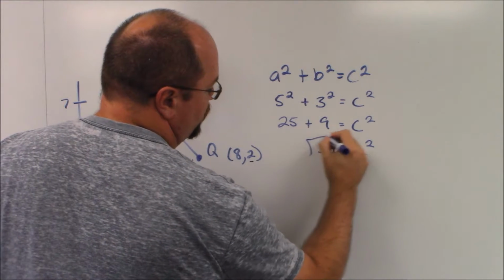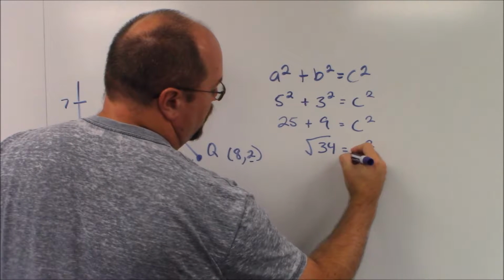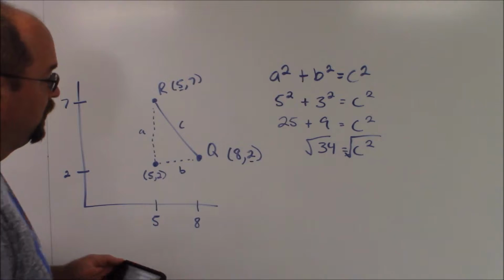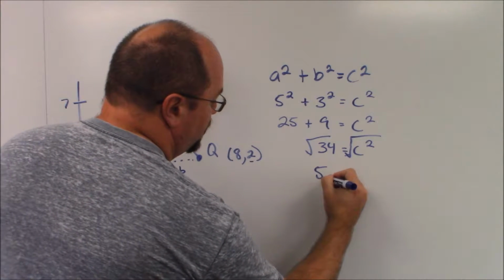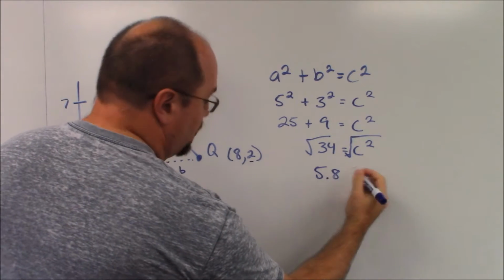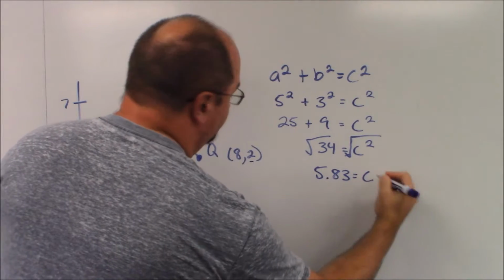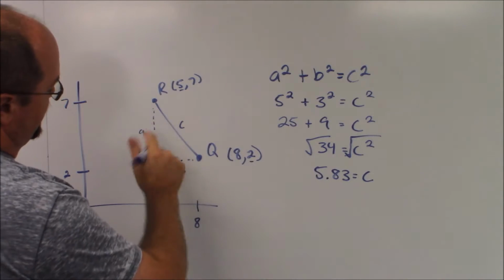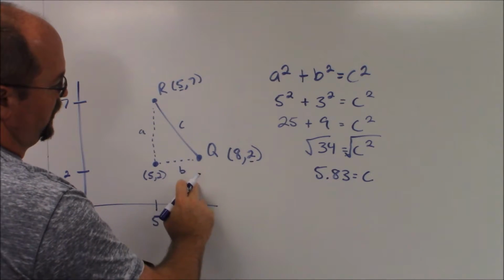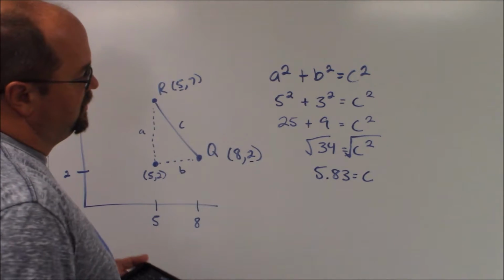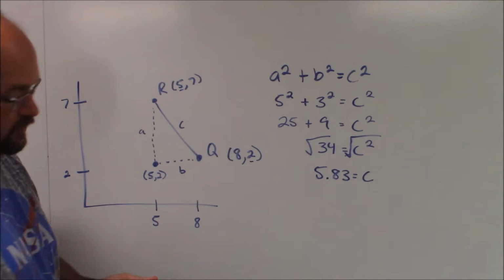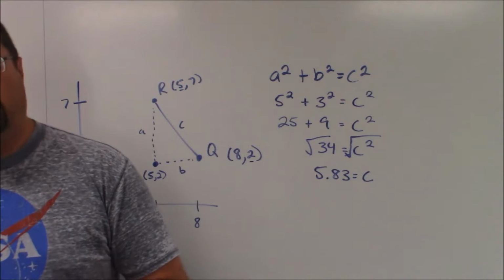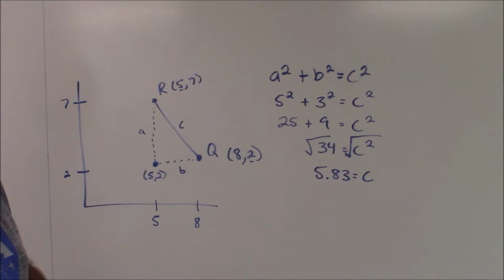And then we just find the square root of 34, and so we get 5.83. All right, and that makes pretty logical sense because this side is 5, this side is 3. We would expect side C to be larger than both of those numbers. And so if we look at our answer choices, A is the closest at 5.8.